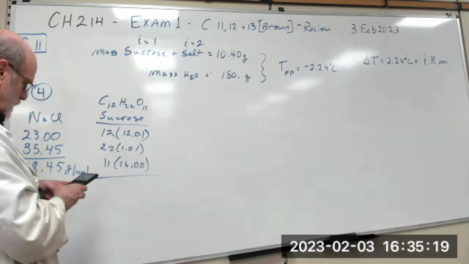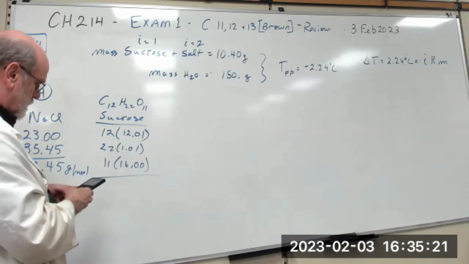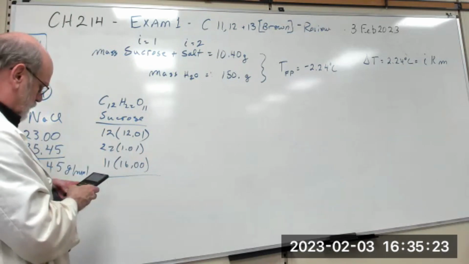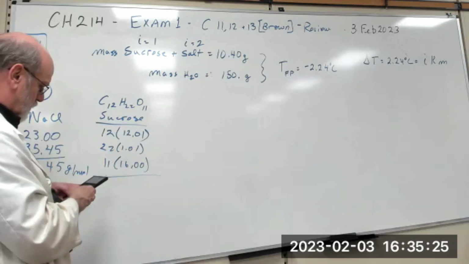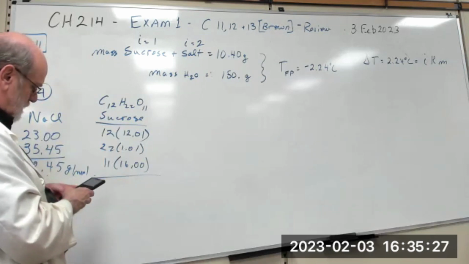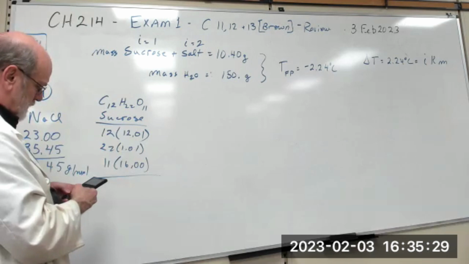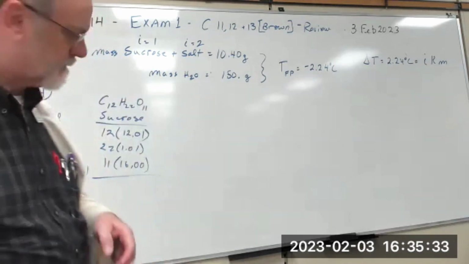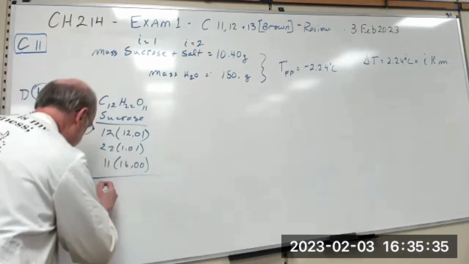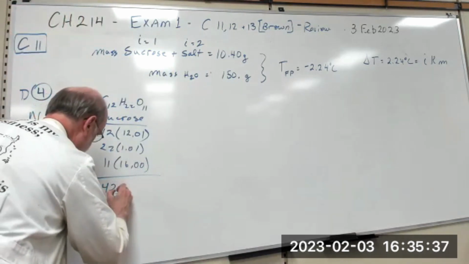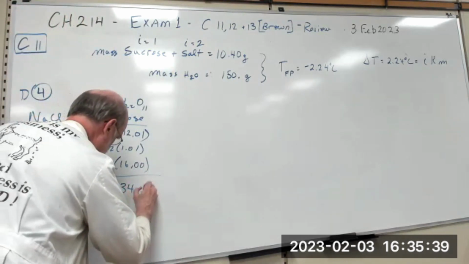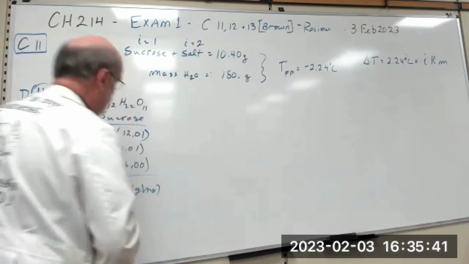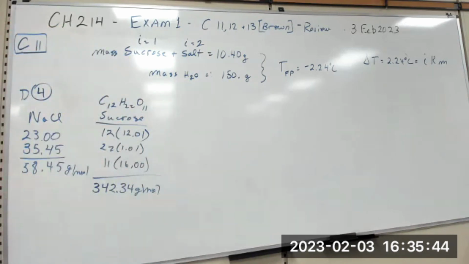Let's see, 12.01 times 12, and then 22 times 1.01, add that in, and then 16 times 11, add that in. 342.34. Okay, so there's our molar masses.